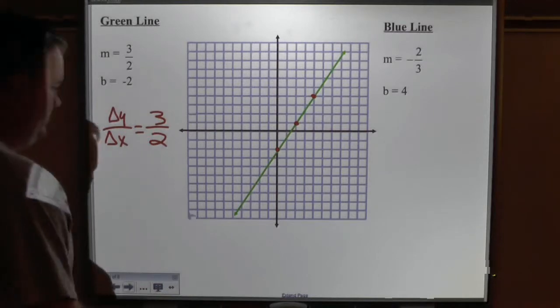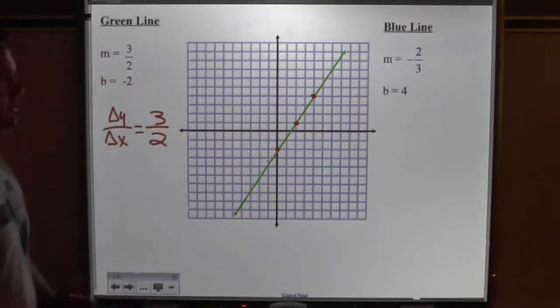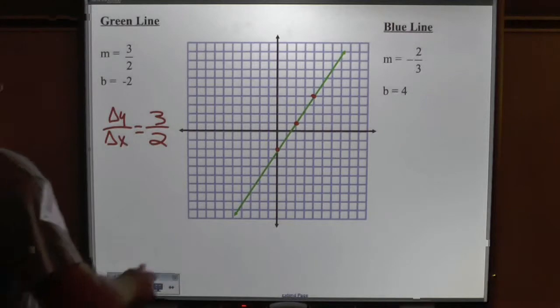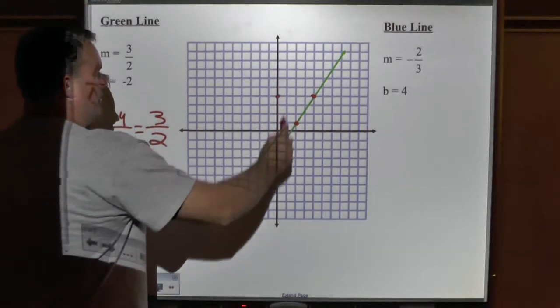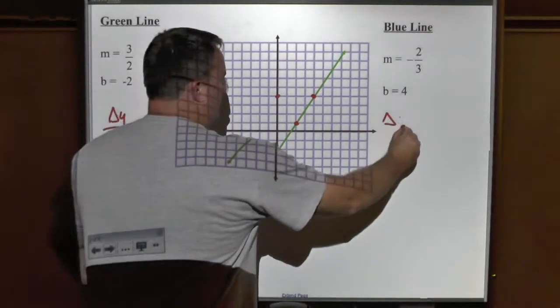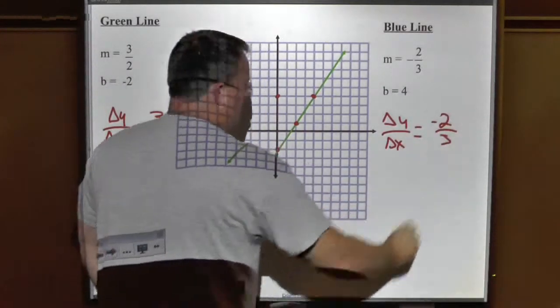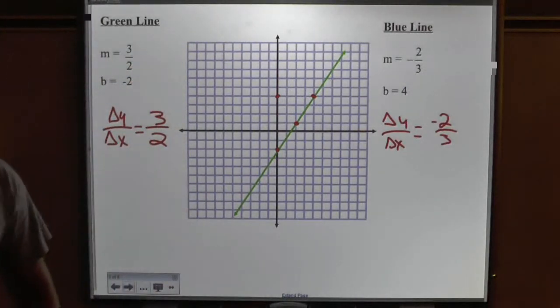Now, let's try the next one. Blue line, we're going to draw slope of negative 2/3 and a y-intercept of 4. So, first the y-intercept, (0, 4). Got that on there. Changing y over changing x, negative 2 over 3. Remember, we put that negative sign in the numerator.